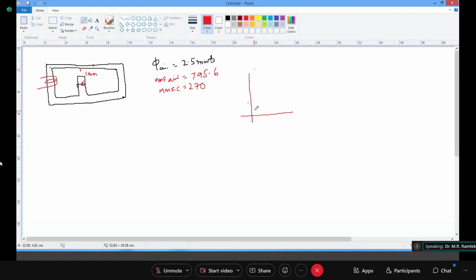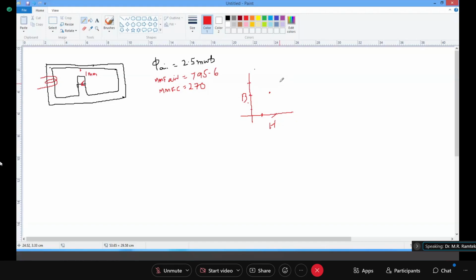Okay, for B and H, I will try. 0.2 is 300. So 0.5 will be somewhere here. It is 540, so somewhere here. And for 0.7, it will be something like 650.